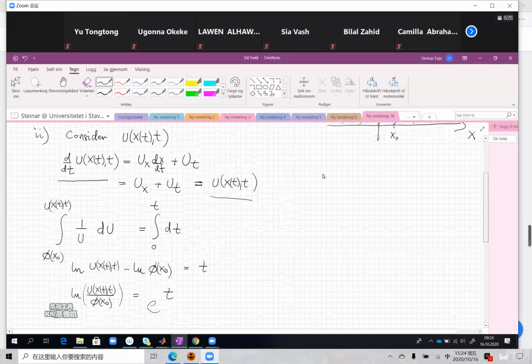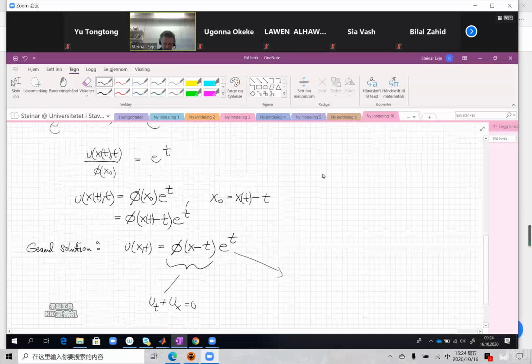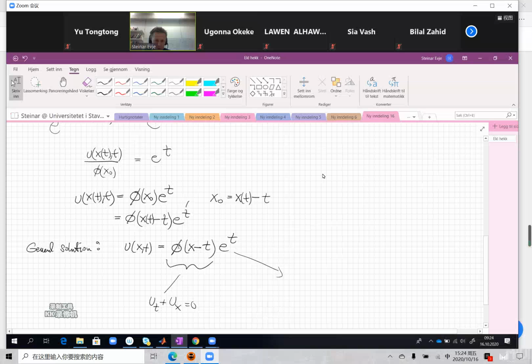So in this case, we produce a combination of transport and translation through this term, but then we multiply by the exponential function, which means that it will grow exponentially fast.